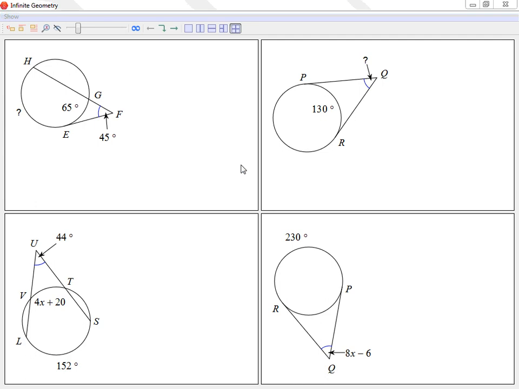Remember, we're just going to copy the examples, and we're going to work one by one. So make sure you copy your examples.